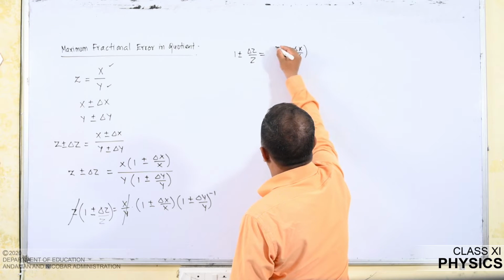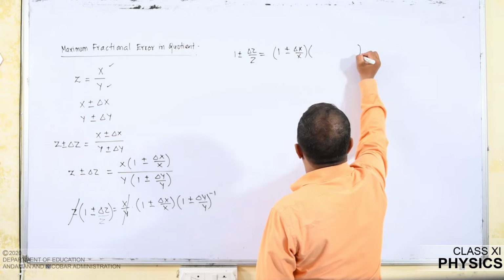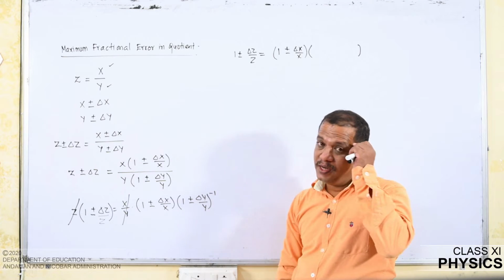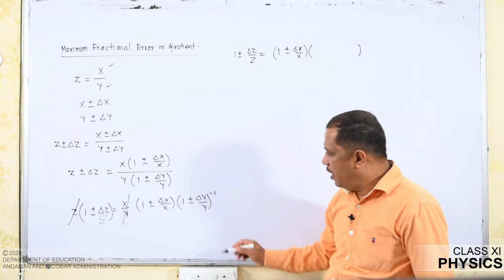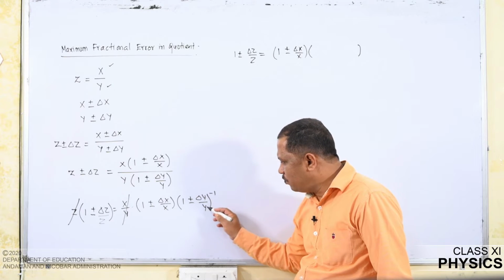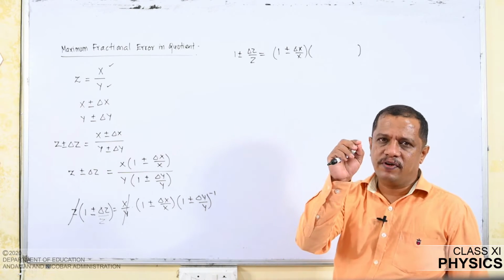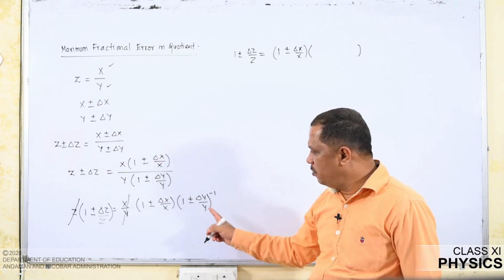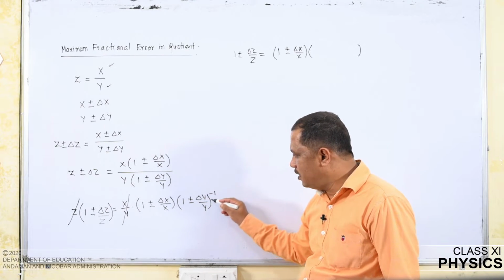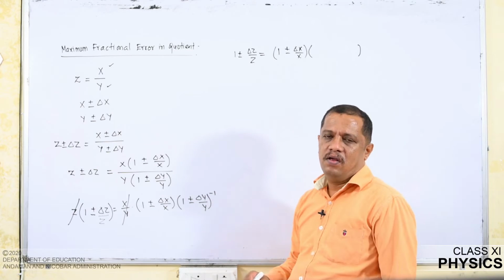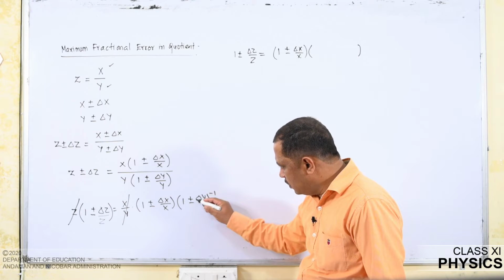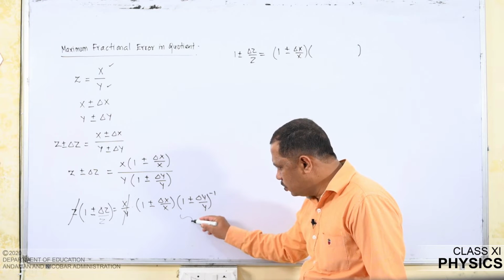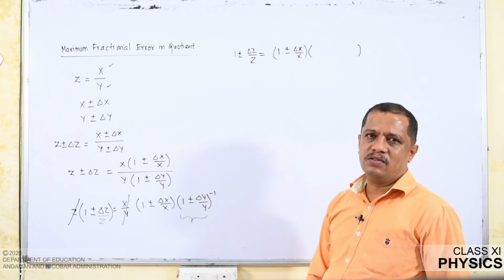So, therefore, delta z over z is equal to 1 plus or minus delta x over x times, when I see this, I told you that delta x is a very small quantity and y comparatively is very much larger in comparison to the amount of error present in a measurement. So, the numerator is very small, the denominator is very large. Therefore, this quantity is going to be very small. Thus, when this second term is very small, I can use the binomial theorem to expand this one.